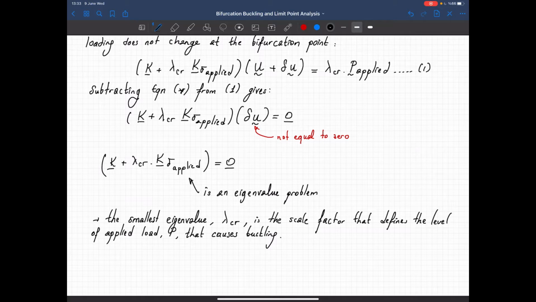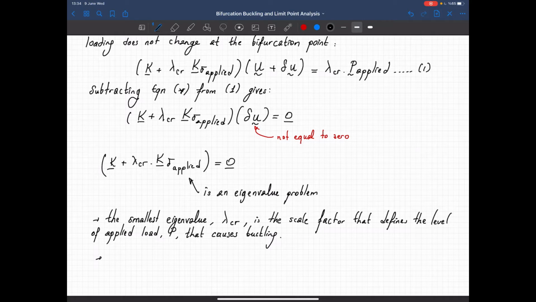Okay, so you have a loading on your system and then you solve the eigenvalue problem and you get an eigenvalue. The eigenvalue tells you this: when you multiply the eigenvalue with the applied loading, just a linear scaling up, you get your buckling load.